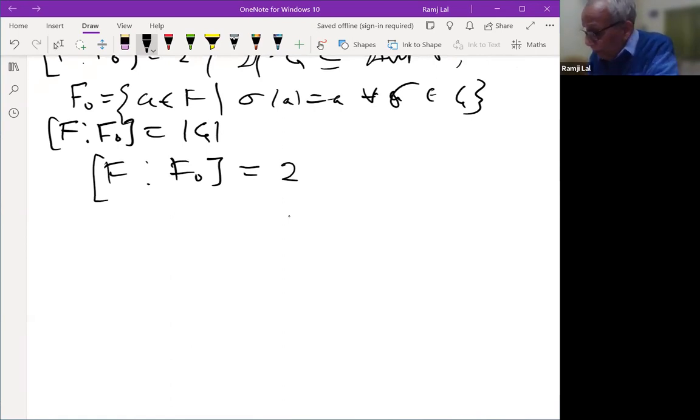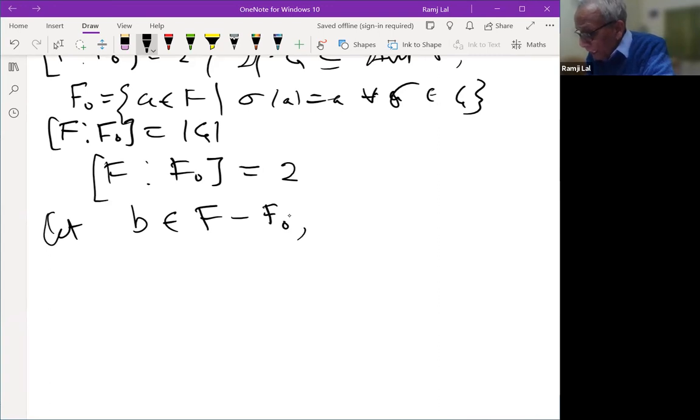Then we also claim here, okay, so let some b be in F which is not in F naught. Then F can be written as F naught plus b F naught, because F is of dimension 2 over F naught.